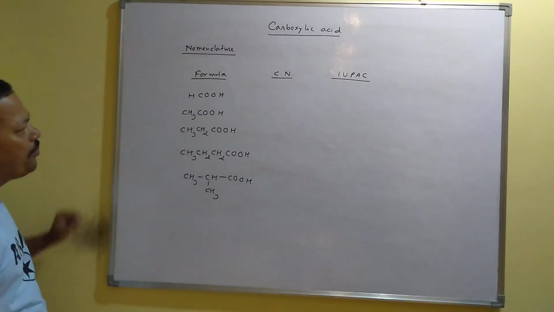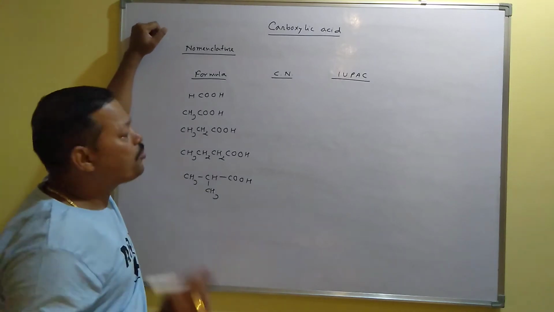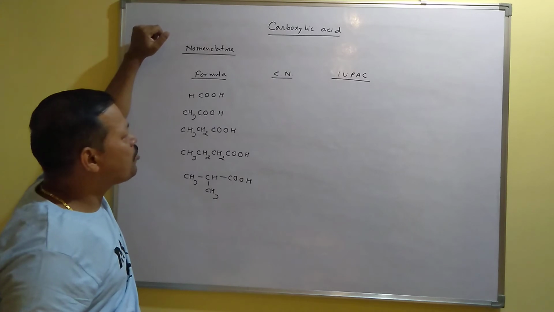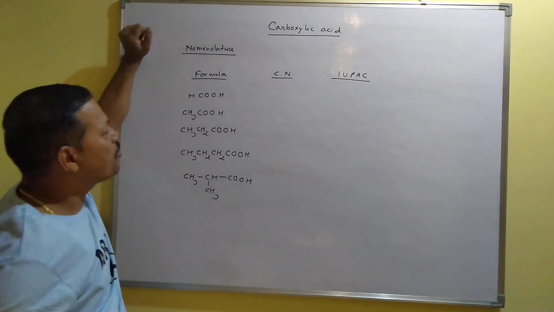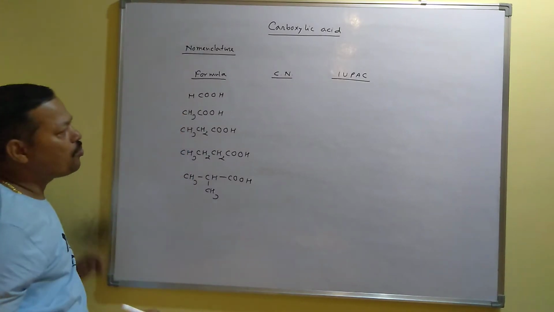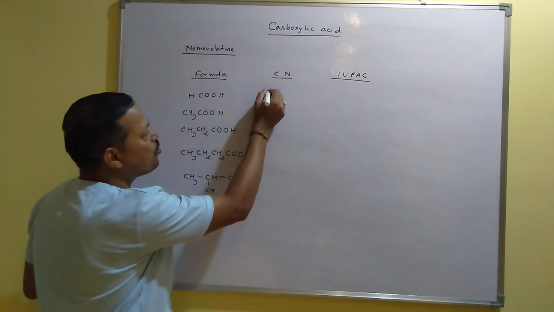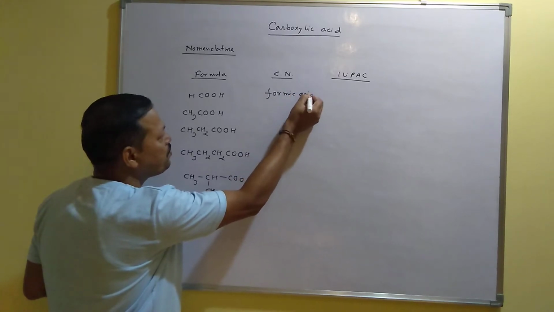So now I start the naming. In carboxylic acid, in maximum compounds, the common names are very important. So that's why I give you the common name also. For example, the first one and second one, these two compounds' common names are mostly used. The common name of the first one is formic acid. I think you have heard the name.